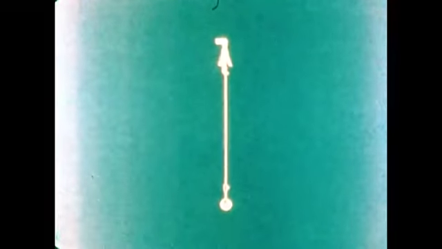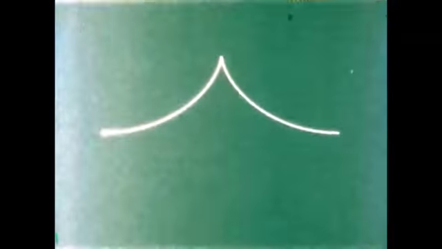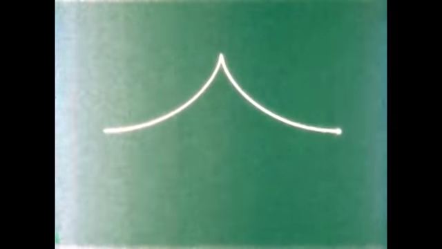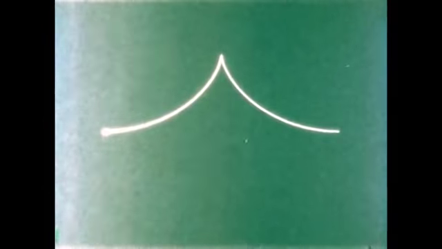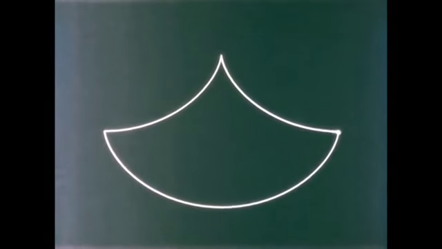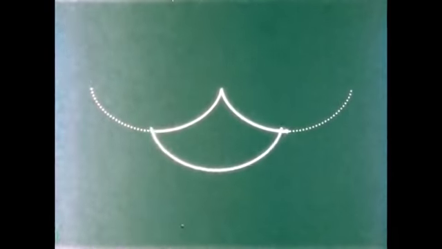However, he had in the process exposed some interesting mathematics. The curve that you generate by unwrapping a string from around a cycloid is another cycloid of exactly the same size.